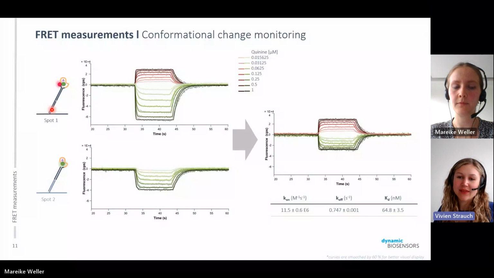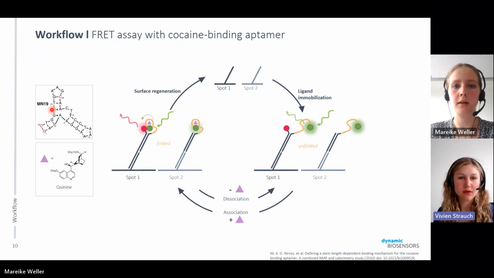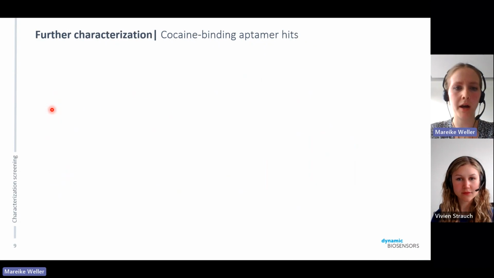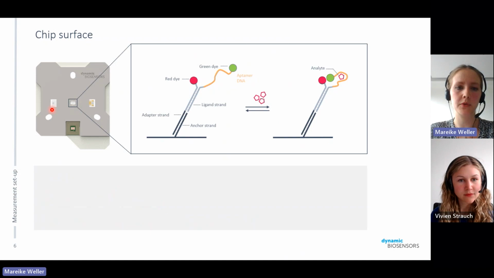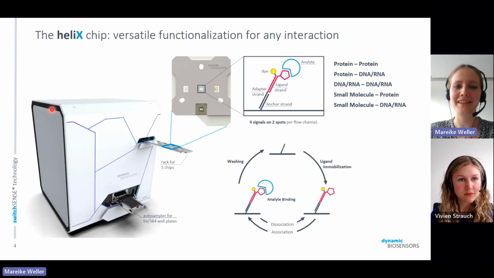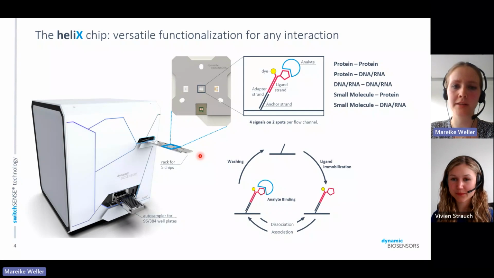How do we deal with compounds that might be harmful for the chip? Is there anything about the automatic chip exchange that we can use to screen those molecules? Yeah, so if you have a very high screening throughput, there can be up to 5 chips in the Helix device.